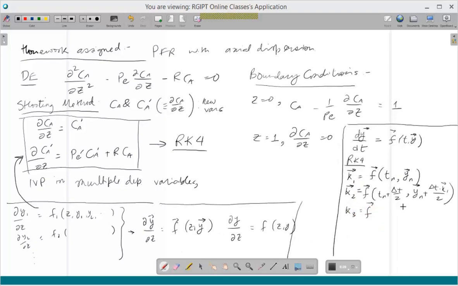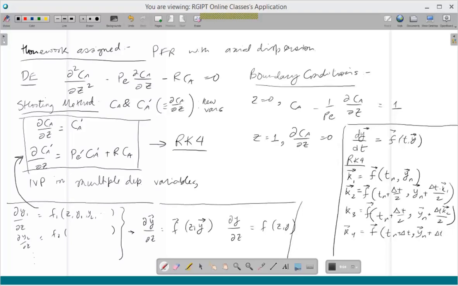So k3 will be equal to f of tn plus delta t by 2 and yn plus delta t k2 by 2. These are vectors. And k4 would be equal to f vector of tn plus delta t and yn plus delta t into k3 vector.